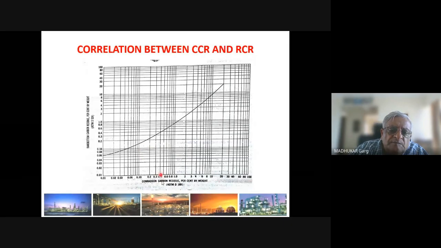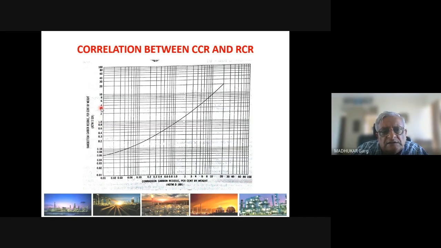This particular graph I have taken straight from the ASTM book, which describes ASTM D189. On the y-axis, I have plotted the Ramsbottom carbon residue, and on the x-axis is the Conradson carbon residue. And this has a relationship. So if CCR takes more time, then we get an RCR done. I'm talking about the good old days when the MCR machine was not yet invented.